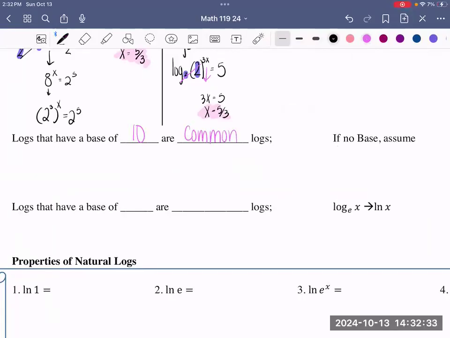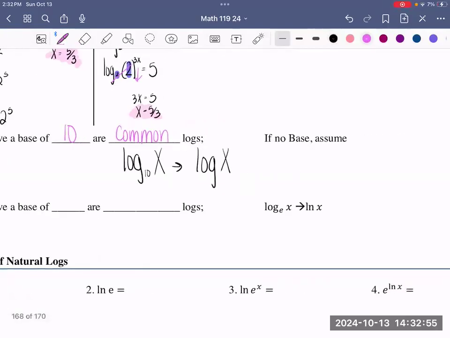So if there's no base, you're going to assume that it is a base 10. So instead of writing log base 10 of x, what you can do is you just get to erase that little 10 and just say log of x. So if you don't see the base, you're going to have to assume that the base is 10.